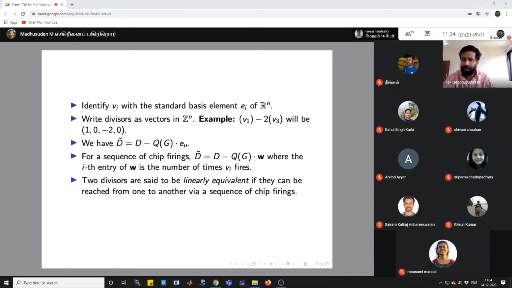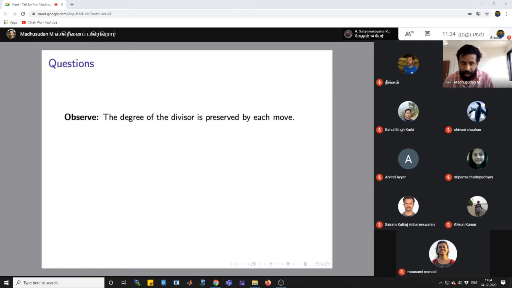So any questions before we study linear equivalence? Actually, now we look at linear equivalence a little carefully. All right. So now let me pose some basic questions that one can ask on this chip firing game, which motivates quite a bit of the research.